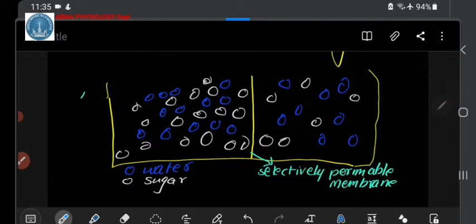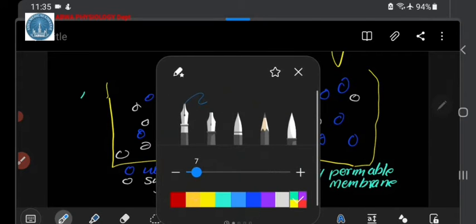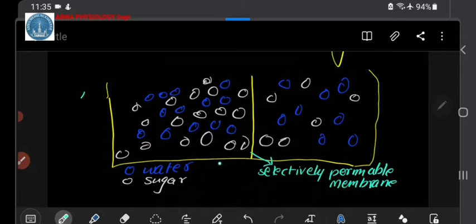So I took the advantage of editing to pause the video. I have already drawn some diagrams to help you understand. Here the water is shown in blue and the sugar in this other color, and this is a selectively permeable membrane that only allows the water to pass.